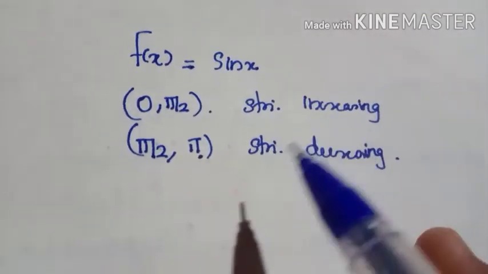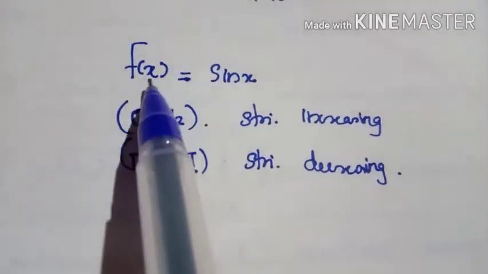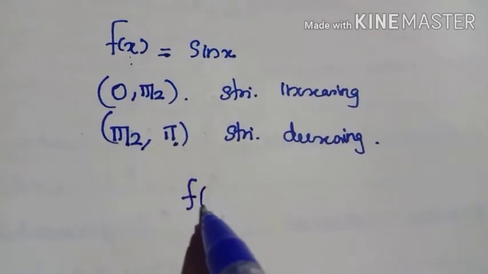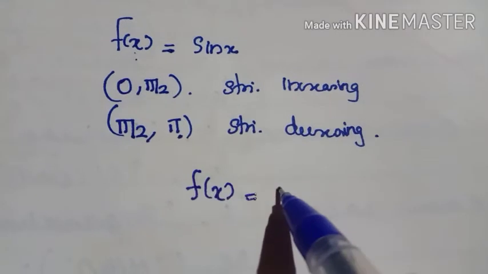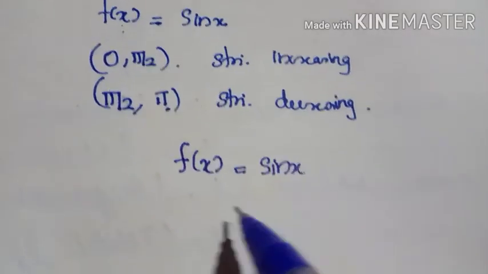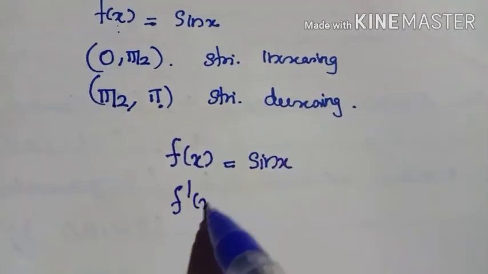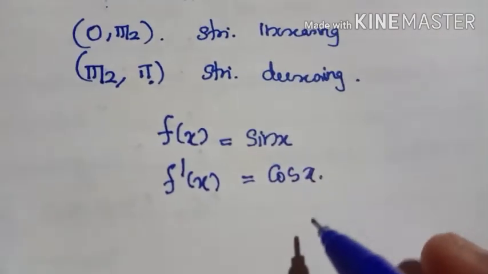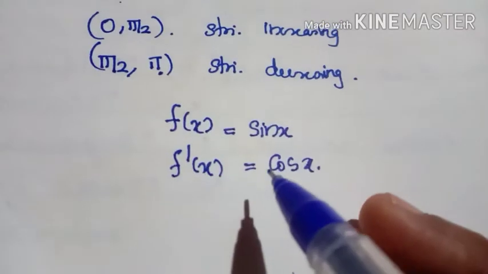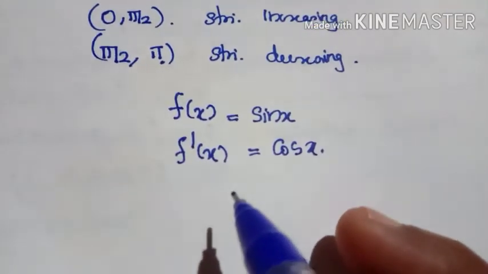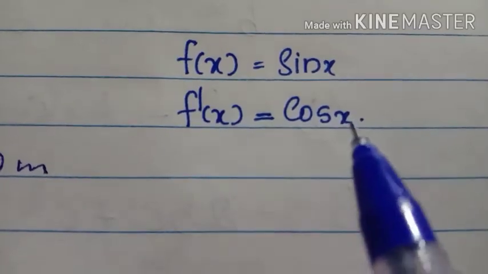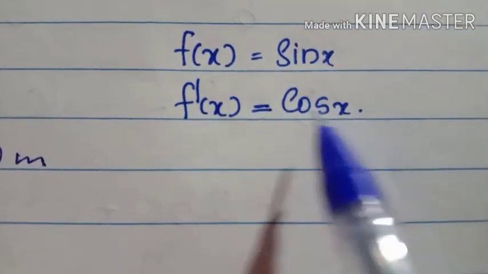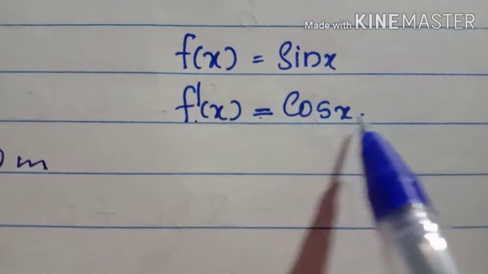In this case, first we want to find the derivative of the function f of x. Let's start. f of x equal to sin x. What is its first derivative? f dash of x equal to cos x. Now think, for what value of x does f dash of x become 0?